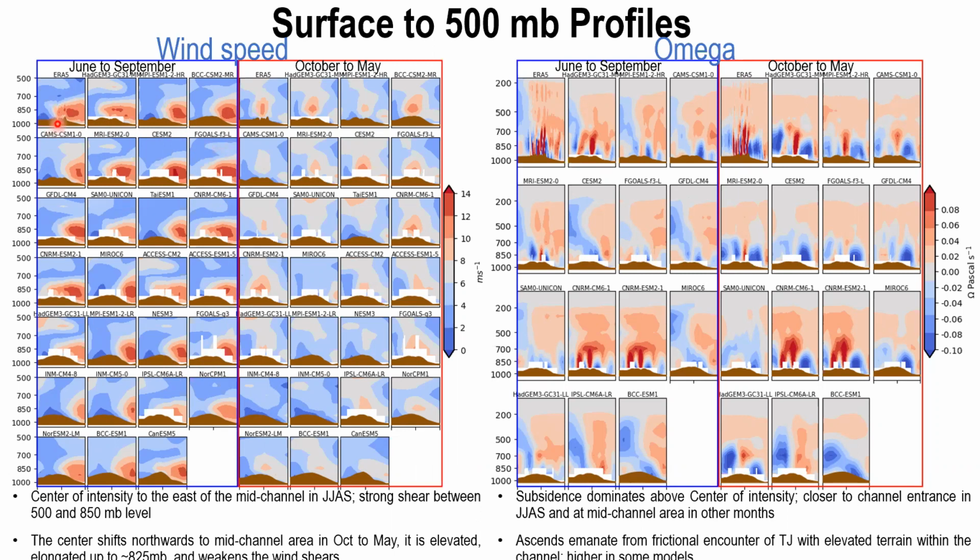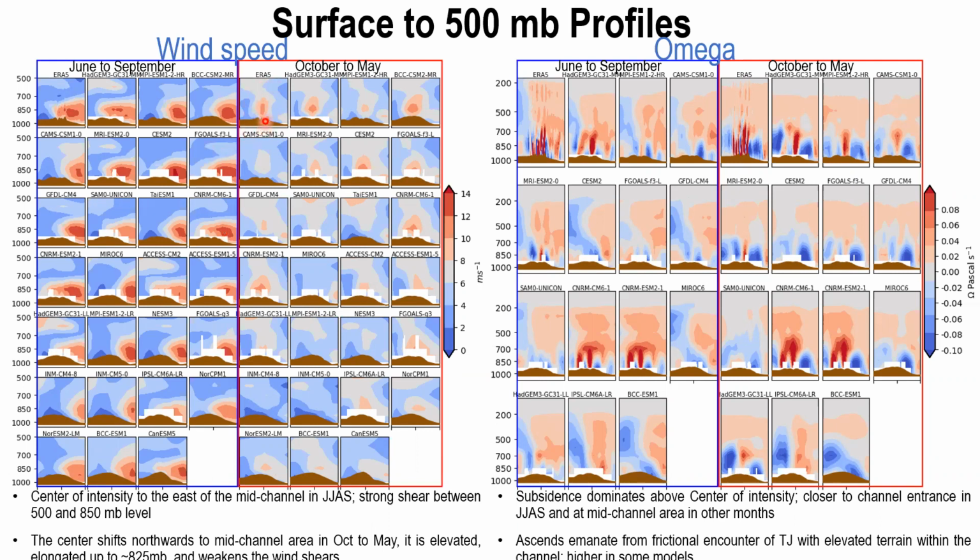This is apart from the HadGEM and ERA5, as well as the two versions of the CNRM, where high wind speeds tend to reach the mid Turkana Channel area. But when that is absent, we see acceleration of winds at mid Turkana Channel, and here we see that the core is in the mid Turkana Channel area.